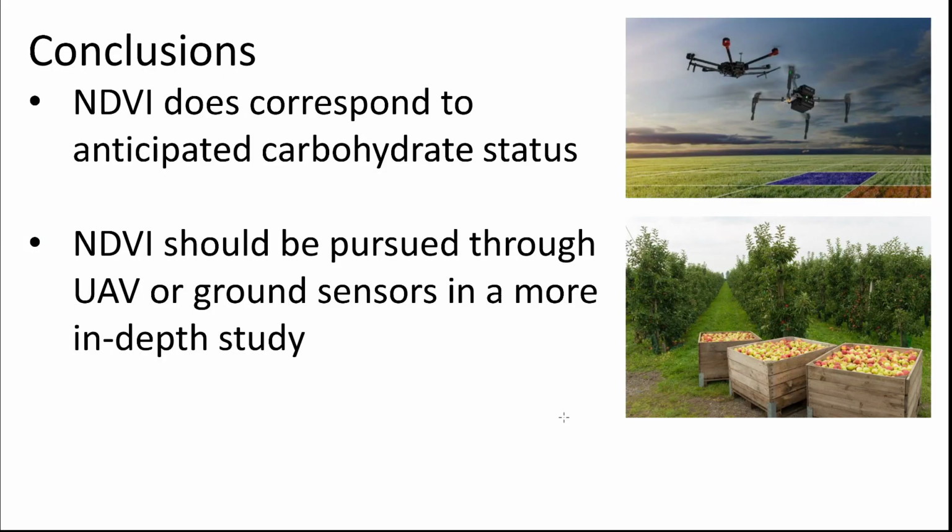So that supports the hypothesis that NDVI is corresponding pretty well with anticipated carbohydrate status. It's pretty limited to say because I don't have any ground truth measurements and I don't really know what's going on in the orchard.